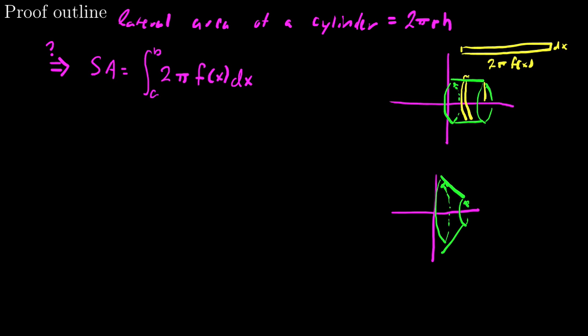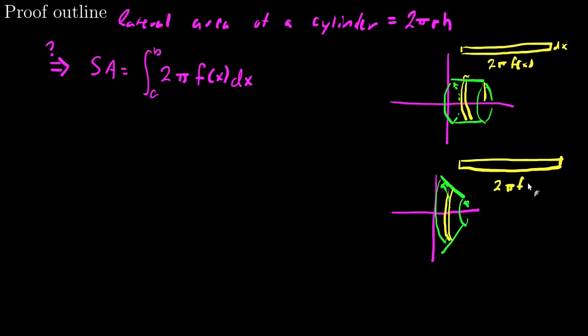But down here, if I take a slice, and it's a small enough slice, it will be almost rectangular. The top and bottom will be almost the same size. When I make it smaller and smaller, it approaches the same area because there's such a slight difference. So I'll consider it as a rectangle.